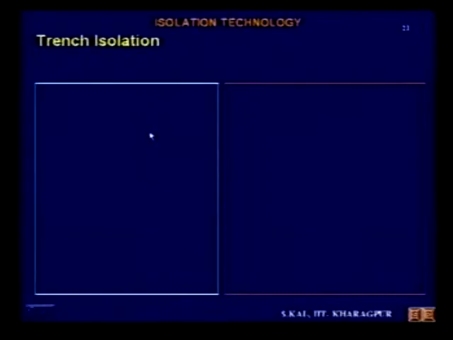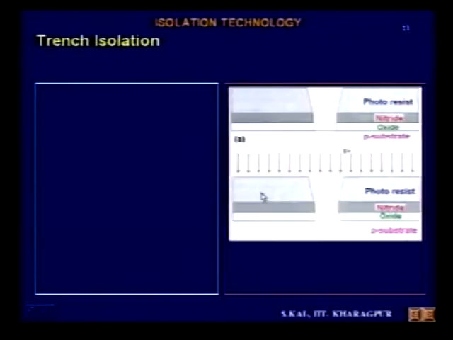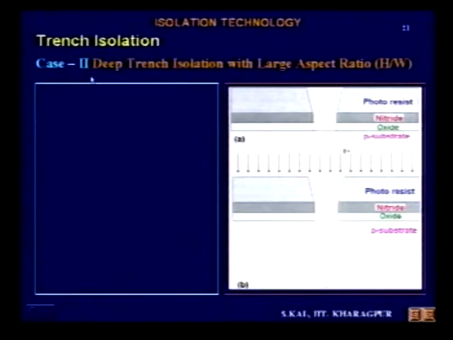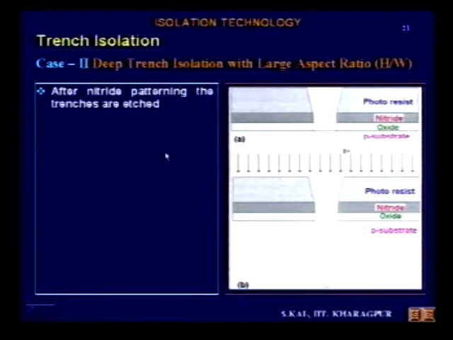So the second case is a deep trench isolation with large aspect ratio, large H by W. So I say height is large and width is small. So in this particular case, after nitride patterning, the trenches are etched, narrow trenches are etched.